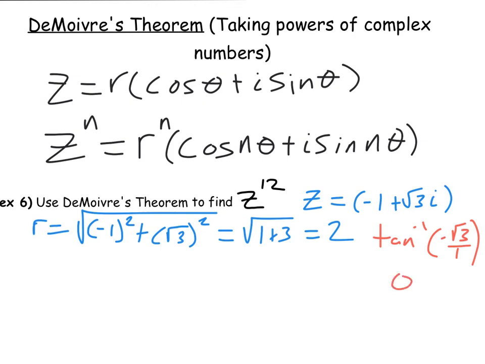And if that were the case, then theta is 2 pi over 3. Remember, if you were to plot this complex number, the imaginary is like the y and the real is like the x. So when I'm setting this up with those two numbers, I basically did the equivalent of y over x, which is why I did inverse tangent. All right. So we have what we need now.